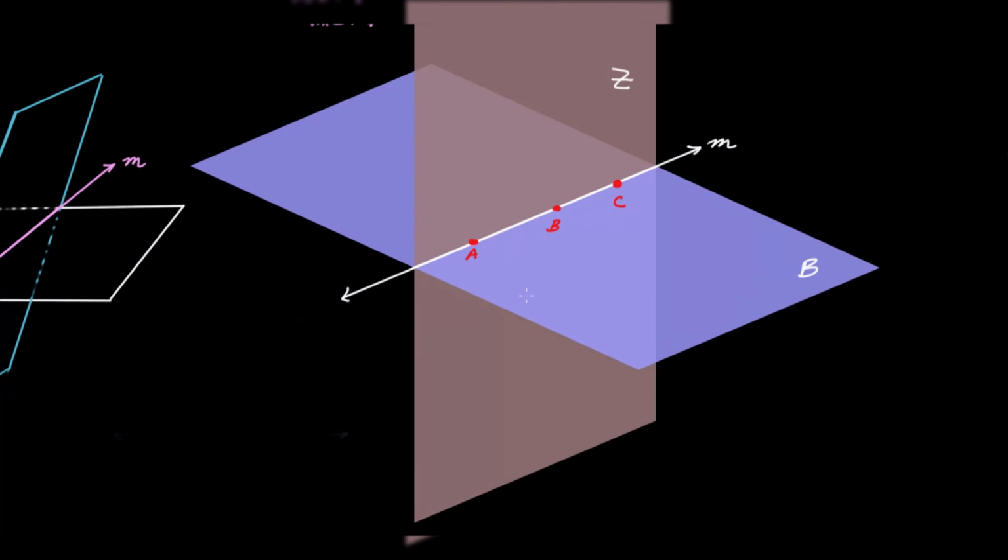So this line is common to both of these planes. That's why you can't use 3 points that are collinear to name a plane, because many planes can in fact go through this particular line. If you can imagine this plane swiveling, rocking back and forth, you can imagine an infinite number of planes that can go through the same 3 points.